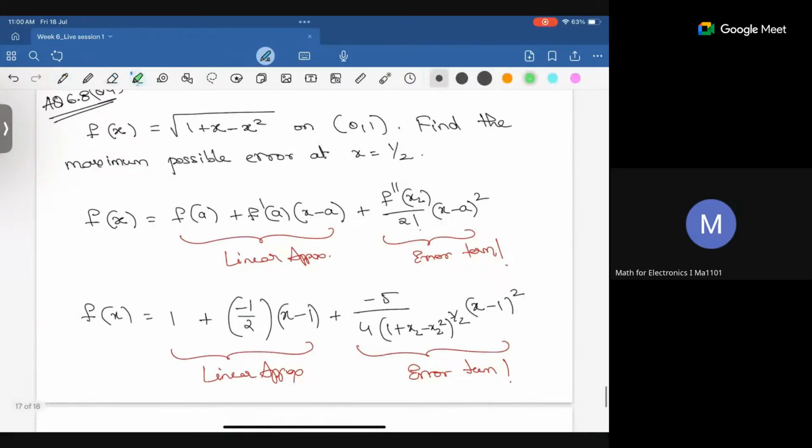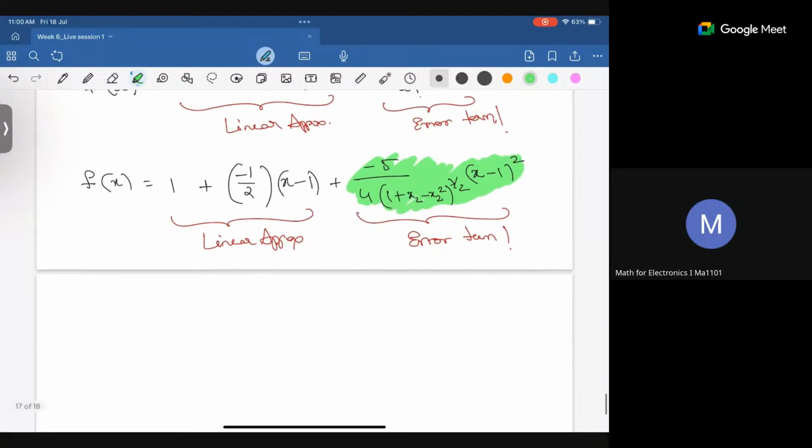They are asking us to find the maximum possible error at x equals half. If I say the linear approximation is some L of x, the error will be the difference between these two.